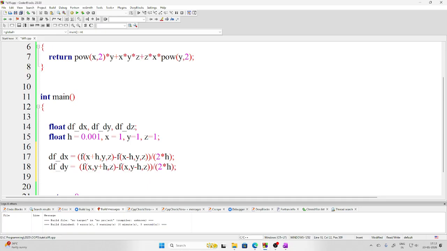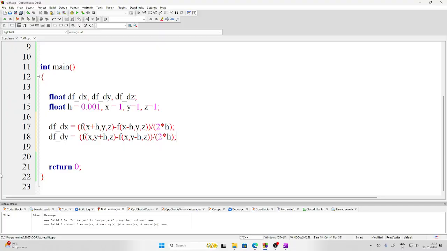So it is changing with respect to y, the change should only be reflected in y, not in x and z. The same thing we can do here. Df dz is with respect to only z. So change will be with respect to z.